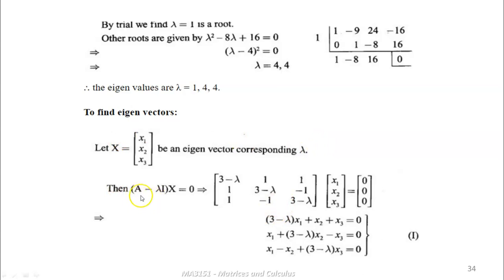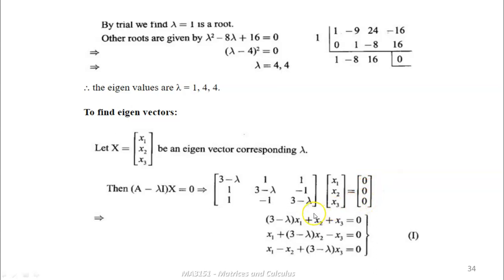The eigenvector formula is A minus lambda I into X equal to 0, in which we have to substitute the A matrix value, then lambda and identity matrix. After subtraction, we get 3 minus lambda 1 1, 1 3 minus lambda minus 1, 1 minus 1 3 minus lambda, into x1 x2 x3 equal to 0 0 0.